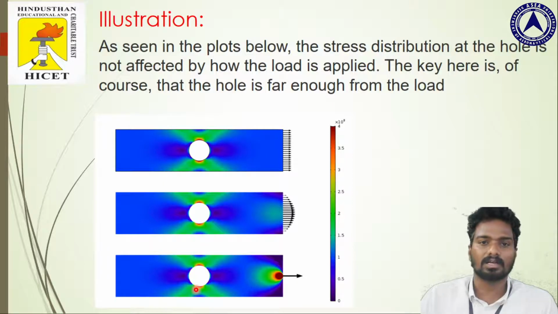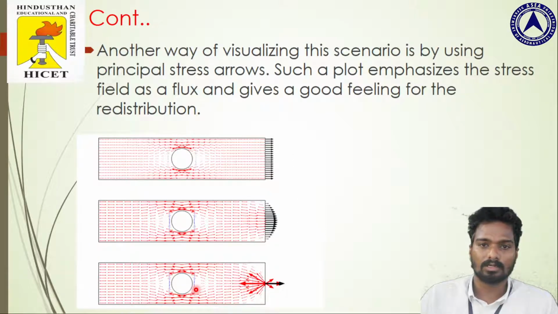We'll see another example with a stress flow contour. Similarly, the same types of forces, and these lines show the stress concentration around the hole, whereas there is no difference in these three cases. So there is no effect due to the redistribution of forces.